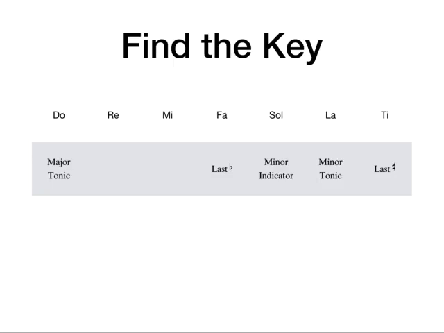If we add in one more step and we look at that 5th scale degree, we can tell whether or not to find the major tonic or the minor tonic. We look at what would be sol in the major key signature, and we see if it is raised above the key signature. And if it is raised, then we use the minor tonic and the minor scales instead of the major tonic.